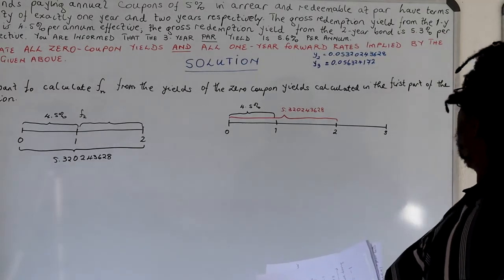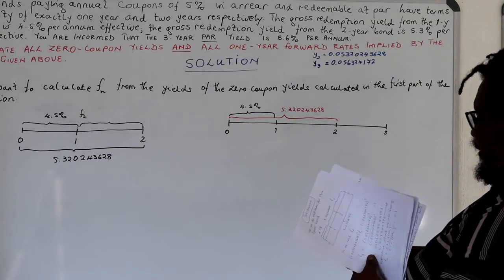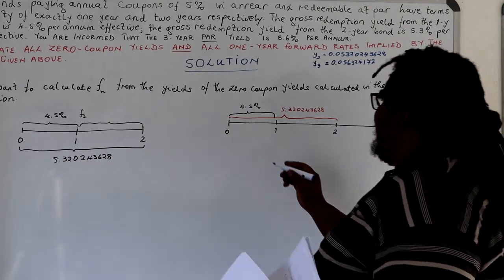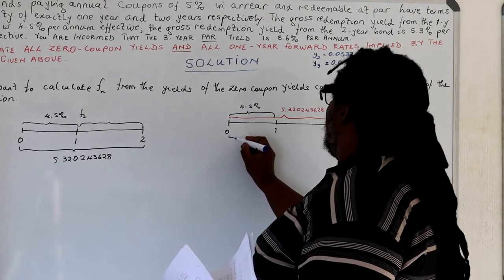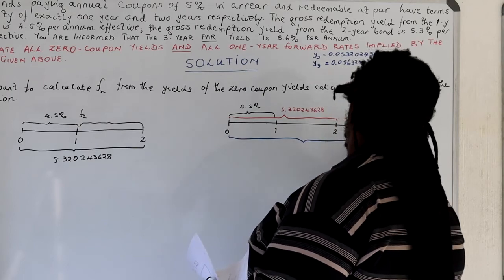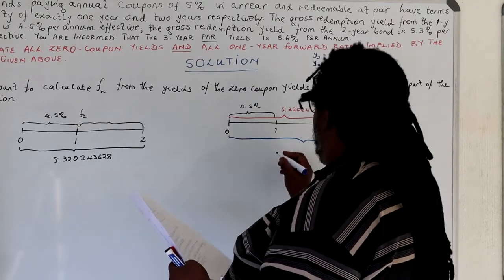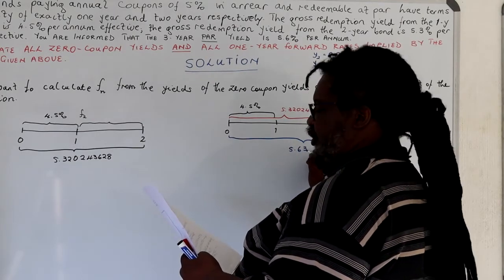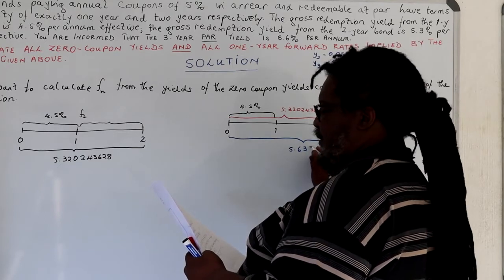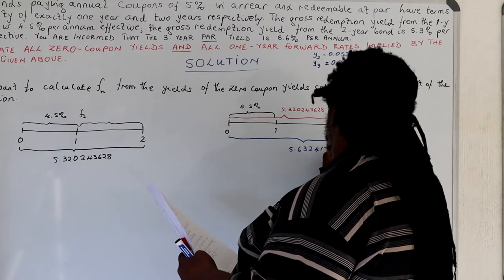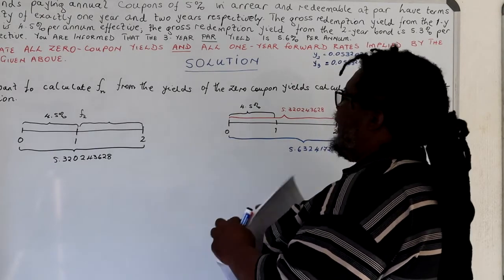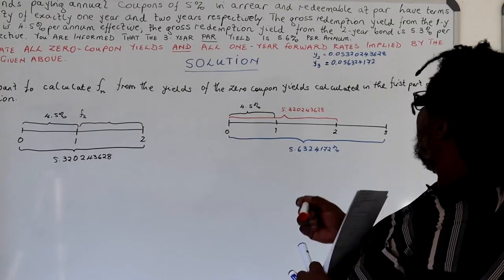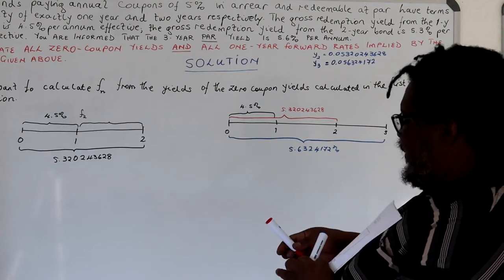And we have also calculated Y3, which is the third period spot rate. So here we have the following spot rate, 5.6324172%, and here we have to put the percent sign to indicate that we are already in percentages.